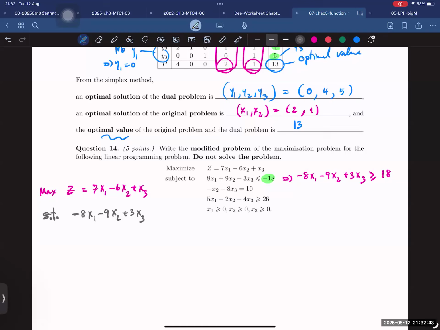On the left hand side it is already over 18. This means that we have to subtract some surplus, right? I call that surplus S1. When you have surplus S1, you have to add the artificial to make that up to be 18. For constraint number 2, we got -x2 + 8x3, and it's already equal to 10. So we just add the artificial.